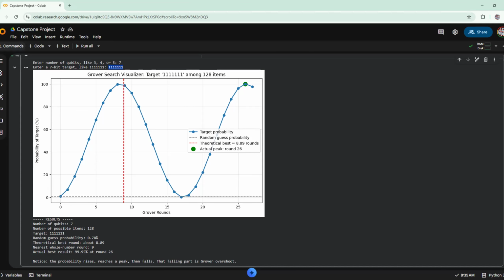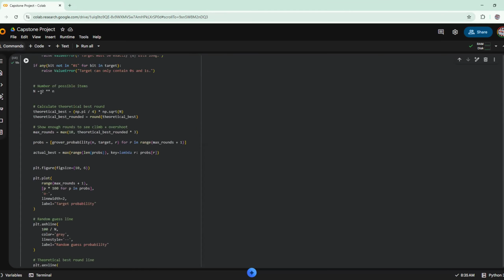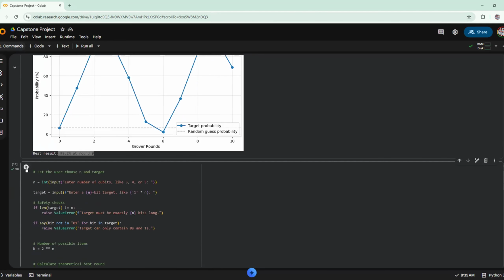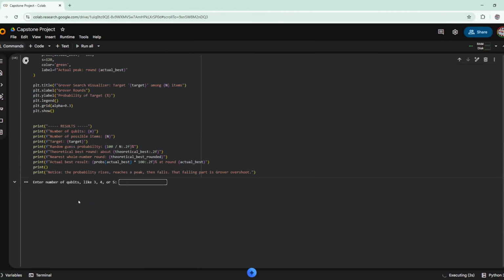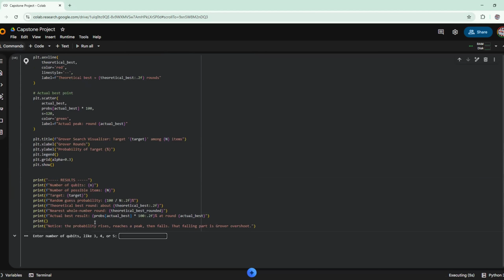Wonderful. Excellent. So this is like 7 qubits, right? Yeah, 7 qubits. So if you take like 10 qubits, this is all you're simulating on your laptop, or maybe whatever server Colab connected to, right? So you can go up to maybe 10 qubits, and after that, our classical computers won't be able to handle it. If it is a supercomputer, it can handle up to 20 qubits. After that, the simulators won't work.